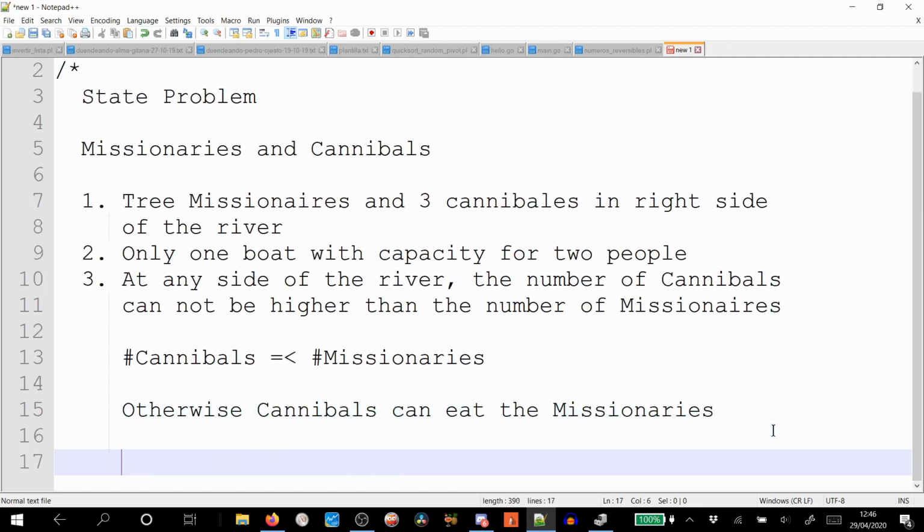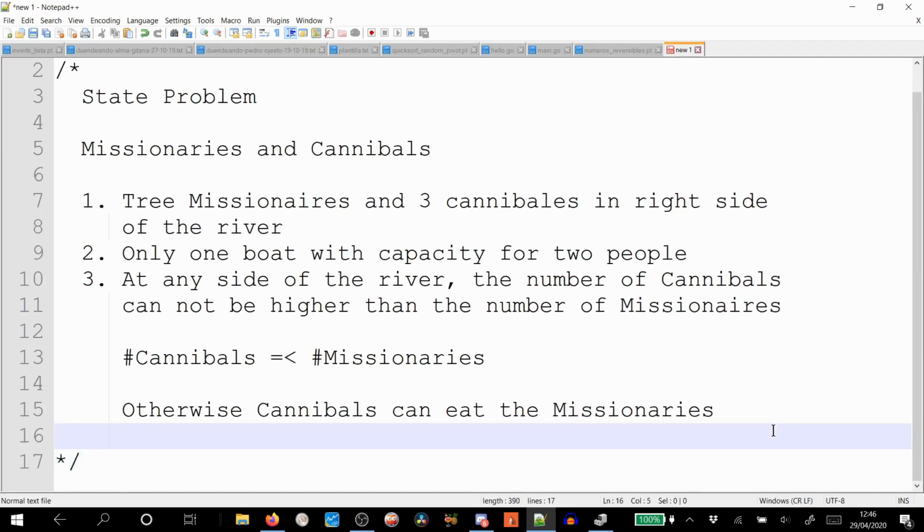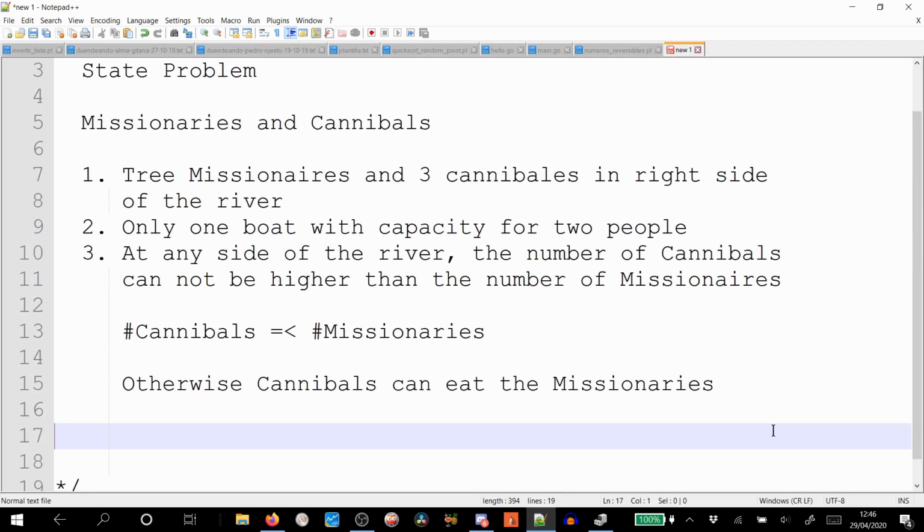Okay, let's resolve that with PROLOG using a state. It's a similar way to what we did with the graph and water problem. Let's resolve this state problem with PROLOG.